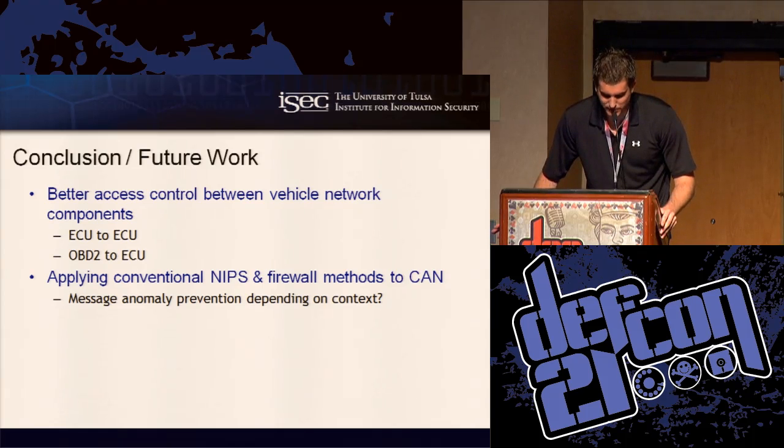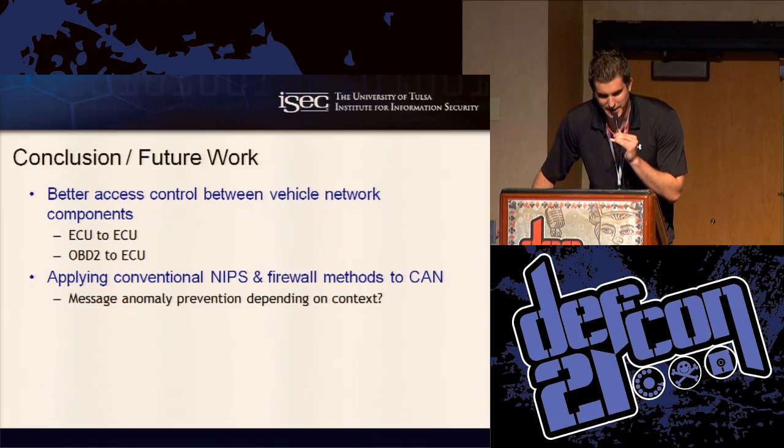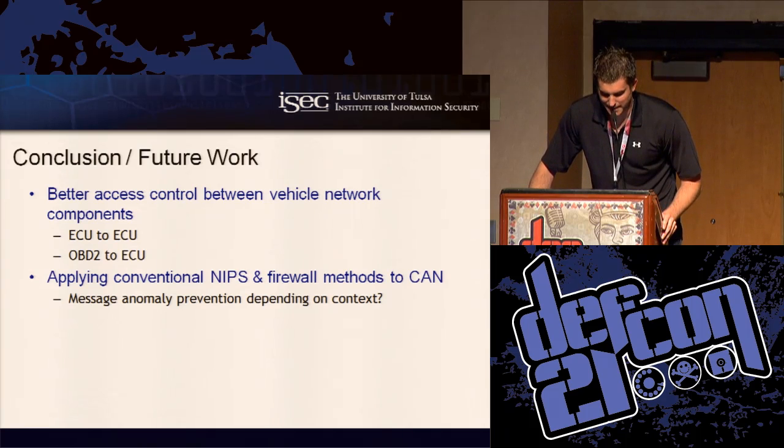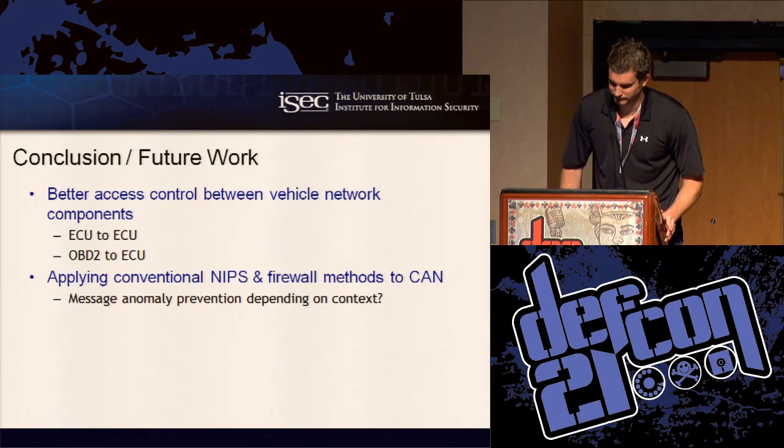And then maybe some sort of message anomaly prevention, depending on the context of other messages present on the CAN bus at the time. So maybe there shouldn't be a message that says someone's trying to apply full throttle to the accelerator, but at the same time, they're trying to apply full pressure to the brakes.